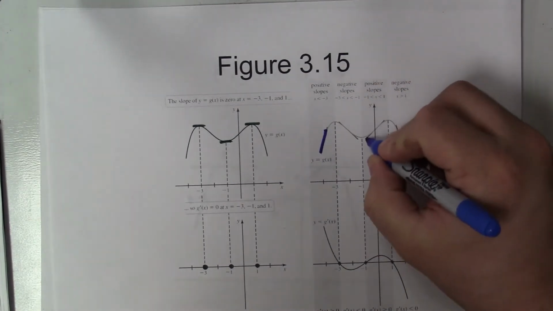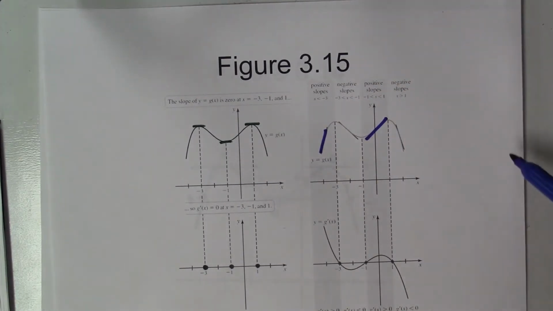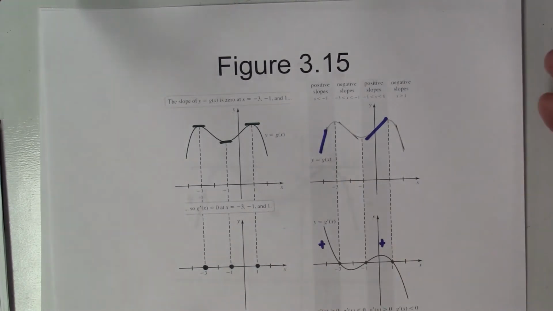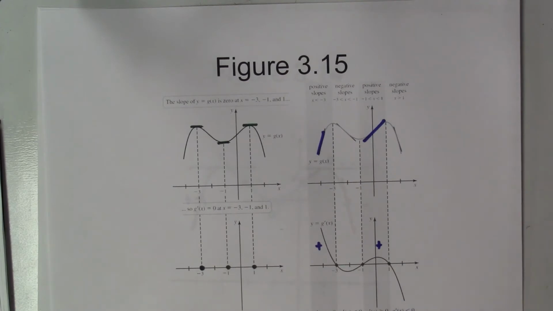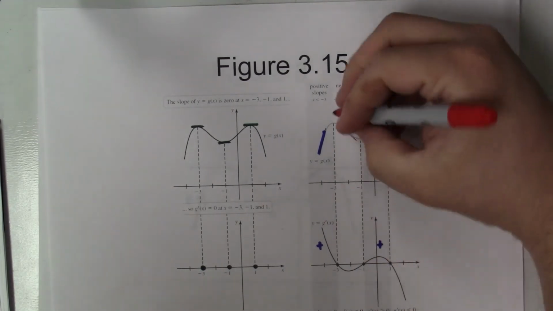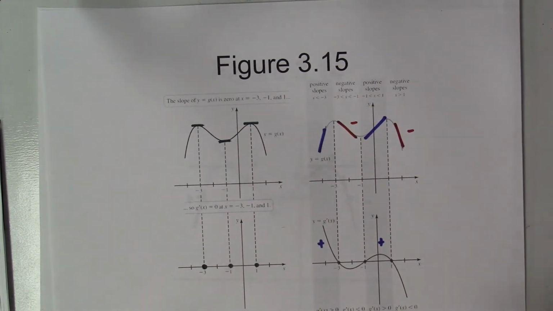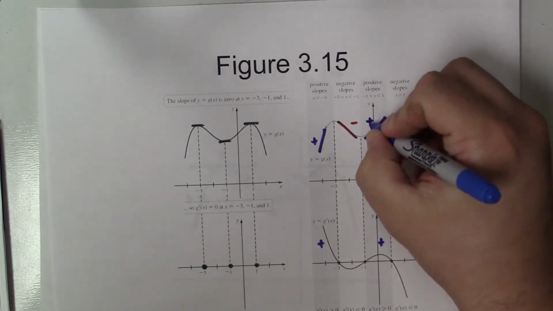this way and this way, I had positive slopes, and so the derivative is positive where the slope was increasing. And then the slope was negative there and there.